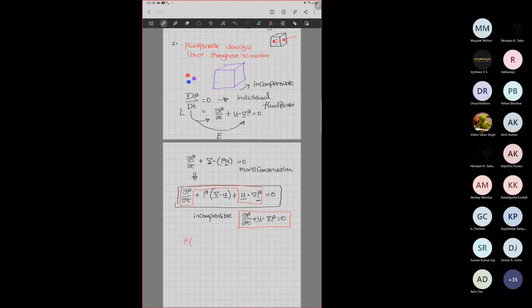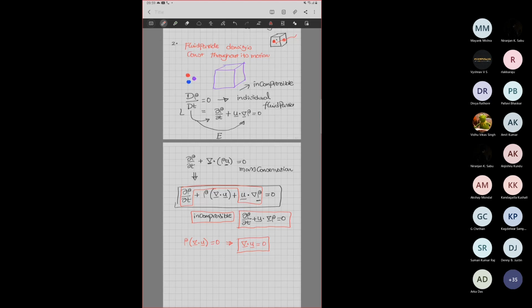That means rho multiplied by del dot u is equal to 0. This means again we will end up with del dot u is equal to 0 as the mass conservation principle for an incompressible system. So two limits we try to really look at.